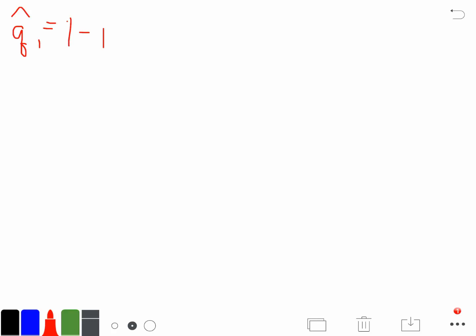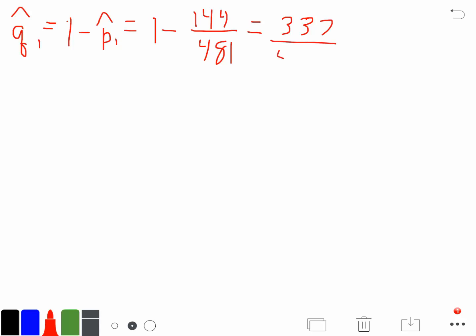Now, since we know most of these things, we still need to find the missing links. We need Q sub 1 hat, which is 1 minus P sub 1 hat, which equals 1 minus 144 over 481, which is equal to 337 over 481.